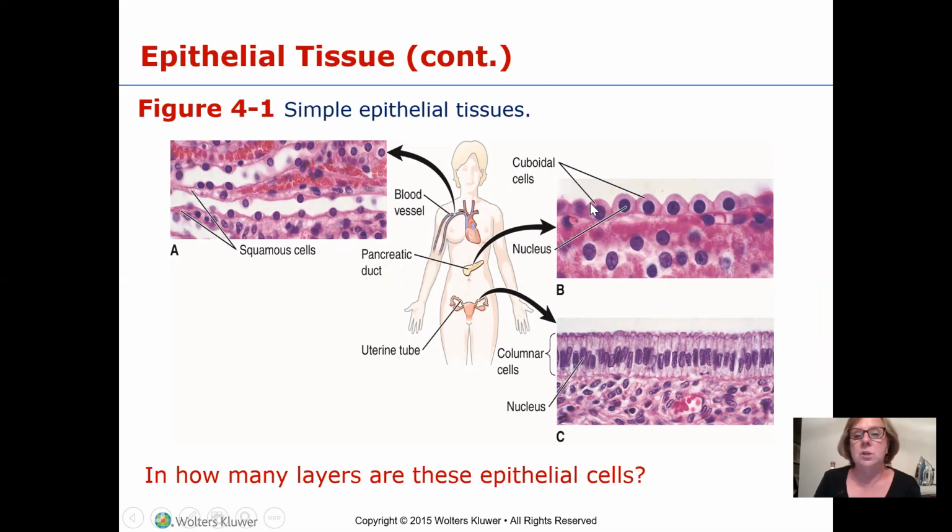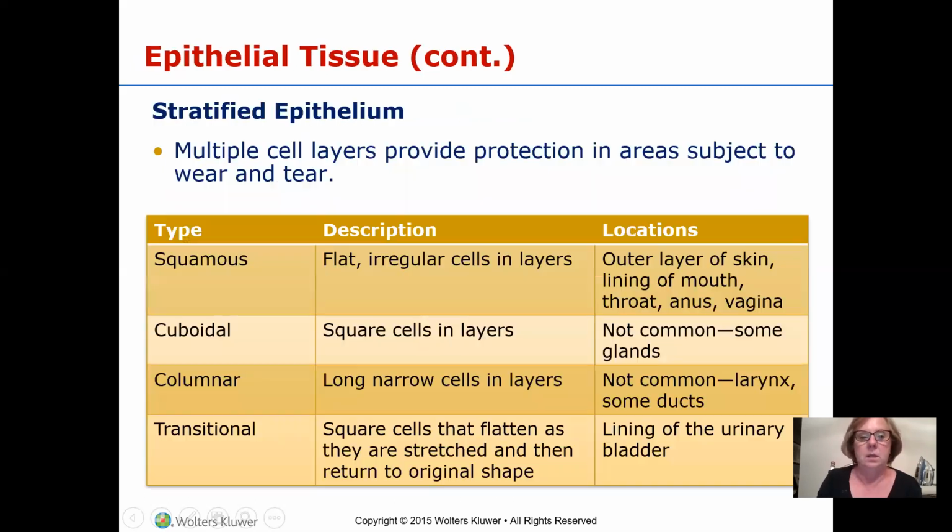Here in a glandular tissue, such as the pancreatic duct, you'll find some of these cuboidal cells, and they look like little squares, and they have round nuclei. Then these are the columnar, and they can be found in the oviduct and they have oval-shaped nuclei. But all of these are only one layer thick, if you look, so that means simple.